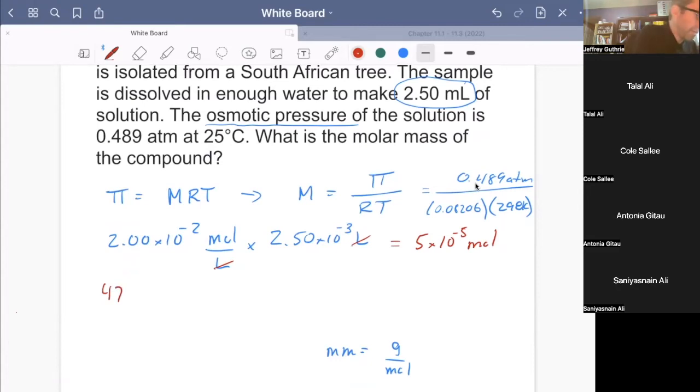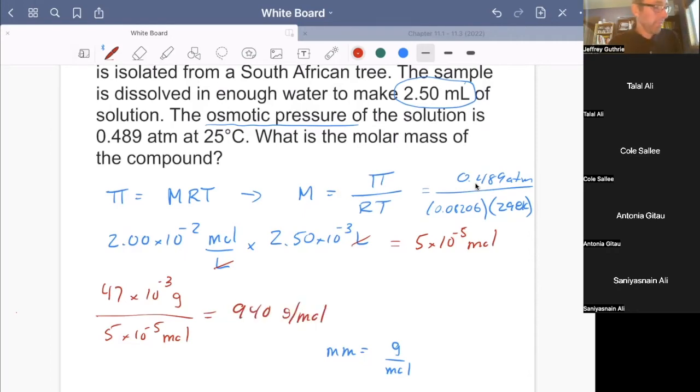To turn that to grams again, milli is the same as 10 to the minus 3. So that's 10 to the minus 3 grams. Divide that by 5 times 10 to the minus 5 moles. I know my sig figs aren't right here, but we'll just pretend I'm doing it right. And then we end up with 940 grams per mole.